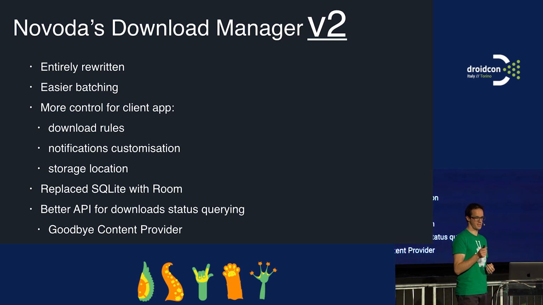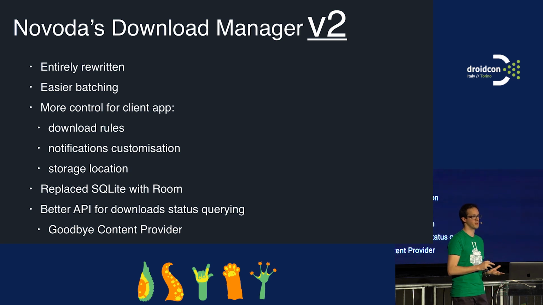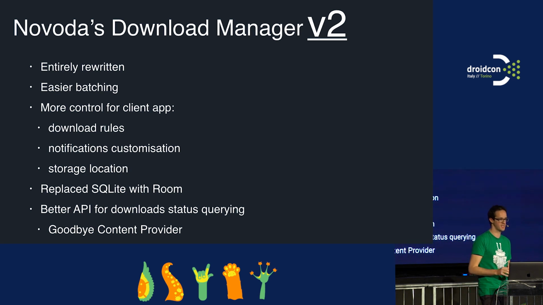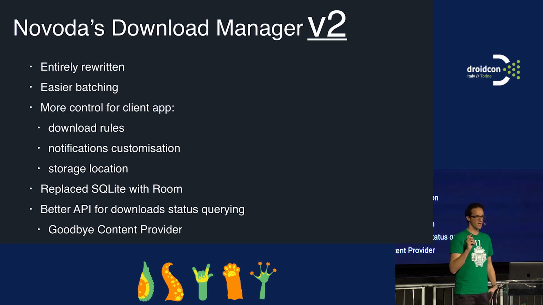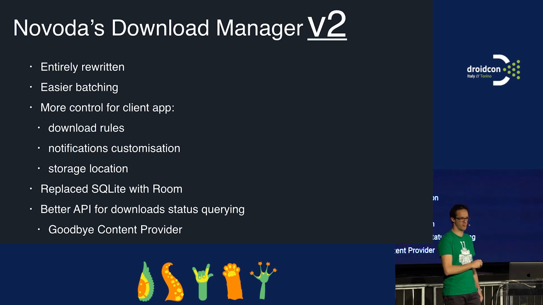We will see an example later, but basically, client applications can easily customize when to show a notification depending on the status of a download, or customize all the aspects, including views, colors, styles, themes, everything. And finally, another important thing is that it's possible to choose where to download files. So internally, externally, microSD, whatever, you name it.